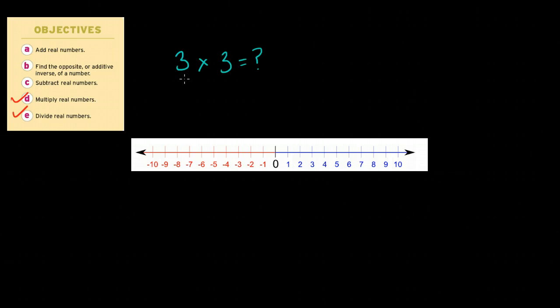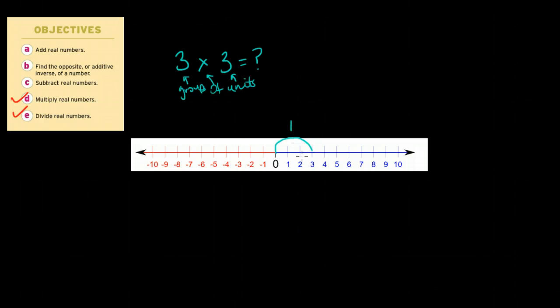We are going to add 3 groups of units. And what are the size of those units? 3 units. So we're going to add 3 groups of, and of is a fancy way of saying times, 3 units. So starting at 0, we're going to jump by 3 at a time. So we'll jump to 3.